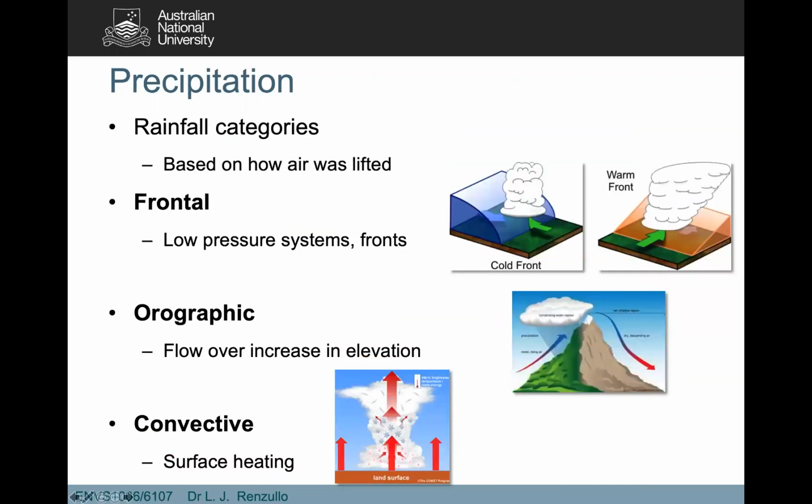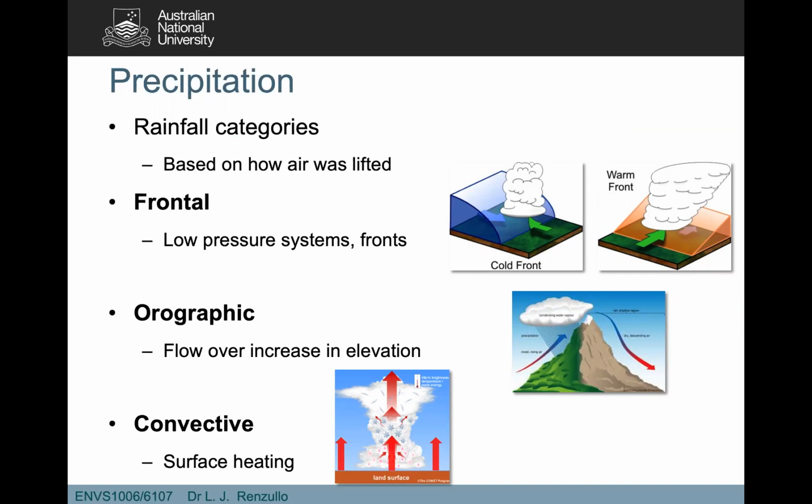So rainfall categories are based on how quickly the air is lifted. We have frontal rainfall. That's when low pressure systems, cold fronts, cold, moist air encounter warm fronts. We also have the lifting that's due to terrain elevation.